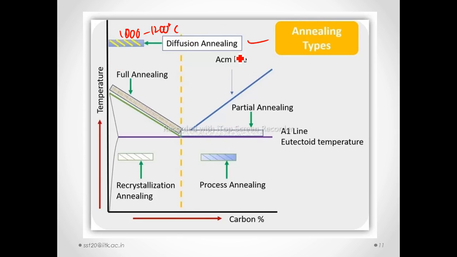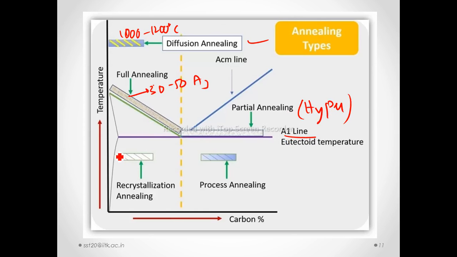This is the highest because we need to diffuse the elements. For full annealing, it's about 30 to 50 degrees Celsius above the A3 temperature. For partial annealing, we just heat to the A1 temperature, and it is used for the hypereutectoid state.